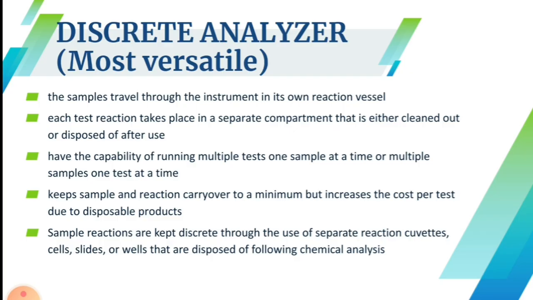They are the most popular and versatile analyzers and have almost completely replaced continuous flow and centrifugal analyzers. However, because each sample is in a separate reaction container, uniformity of quality must be maintained in each cuvette so that a particular sample's quality is not affected by the particular space that it occupies.